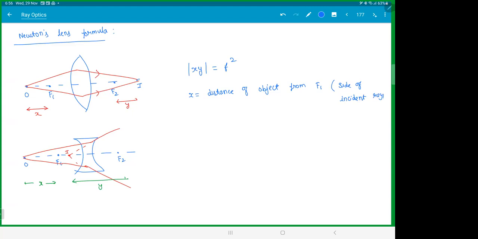If the object had been on the right hand side, then f2 would be f1 actually. You can just put it in that formula 1 by v minus 1 by u, you'll get the derivation. It's really not that important. But the result is important. Mod, because you don't want to take any signs here, just the magnitudes. The same formula we had in mirrors also. Check it out. Any doubts on this?